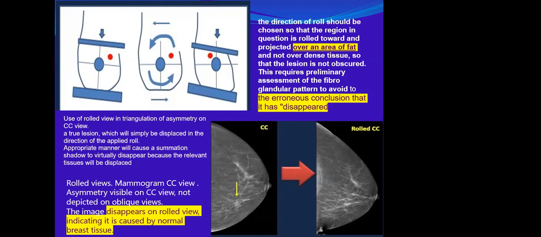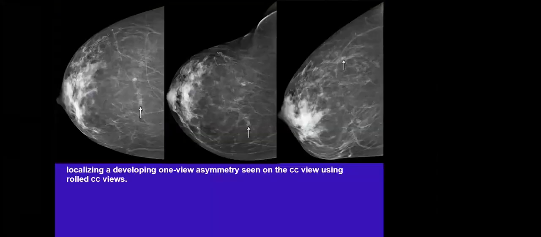If we roll the superior breast laterally, the inferior lesion will go medially. If the lesion is at the center of the breast, what will happen? If it is at the center, it will not change. Okay, let us see this.